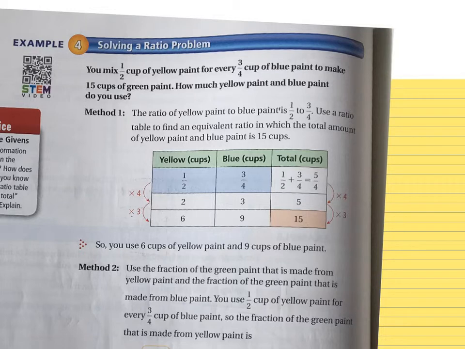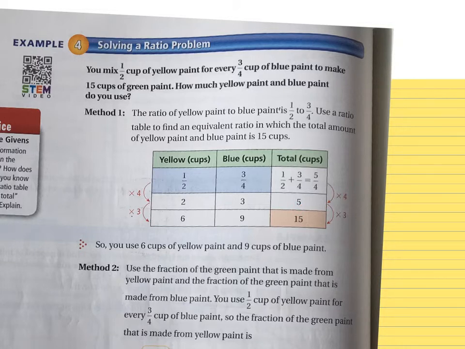So I'll just point it out one more time. They've multiplied by 4. 4 times 1 is 4. 4 divided by 2 is 2. 4 times 3 is, no, 4 times 3 is 12. And 12 divided by 4 puts you back at 3. 2 cups plus 3 cups equals 5 cups.